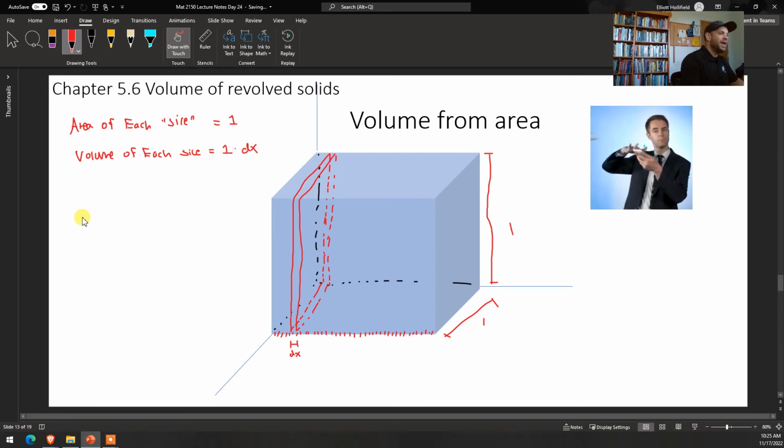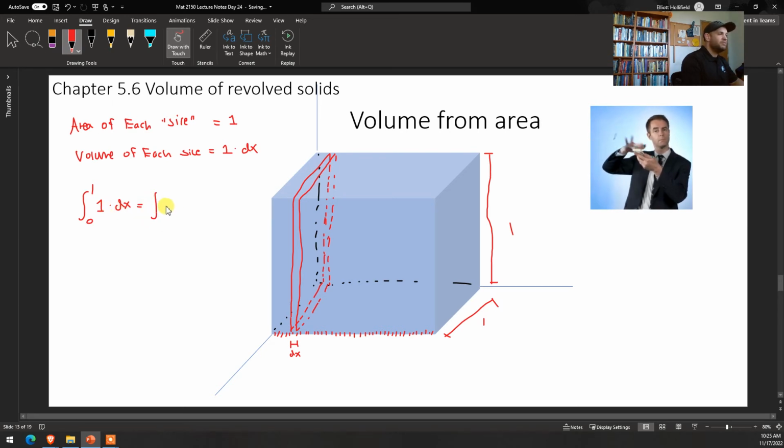So now if we add all of those up, in between 0 and 1, then we've gotten an integral which represents the volume of this object.